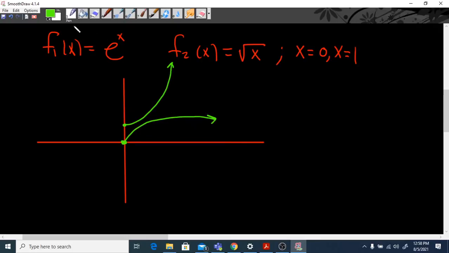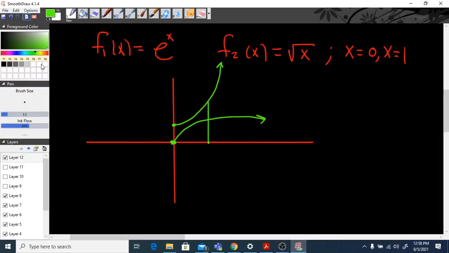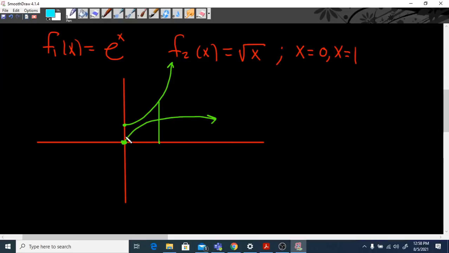There's those, and then we have x equals 1 as a bound as well. We want the region bounded by the curves, the area between the two curves. That's the first thing you want to think about: what's my region? Please think about the region. This is the region.